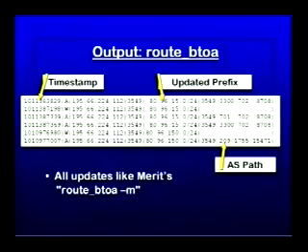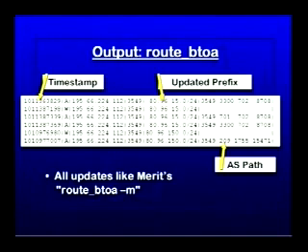So that's the input. What about the output? We show in the output each update in one line and append our characterization to the end of the line. This looks a little bit like Merit's route B2A output, but with one big difference: our output is first sorted by the prefix and then by time.